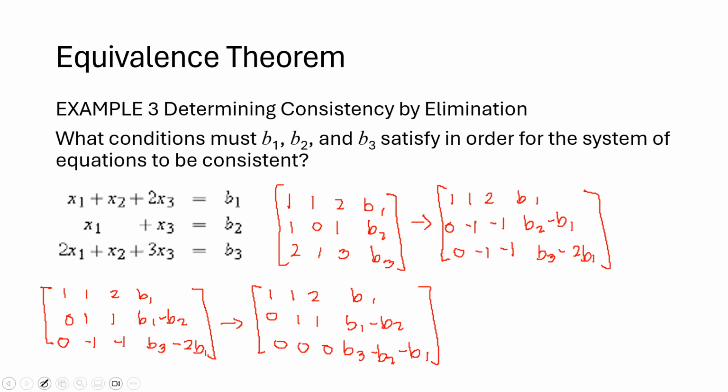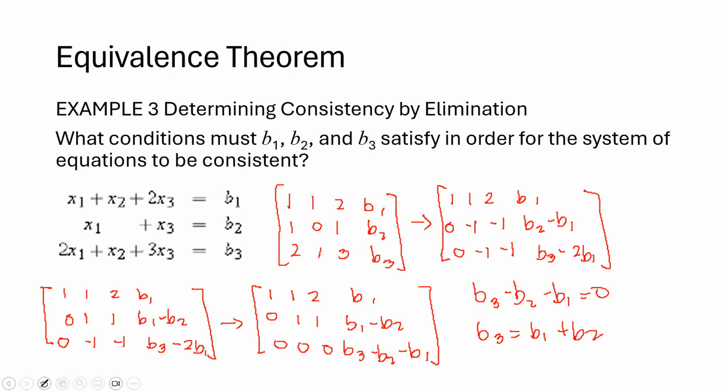It is now evident from the third row in the matrix that the system has a solution if and only if B sub 1, B sub 2, and B sub 3 satisfy the condition that B sub 3 minus B sub 2 minus B sub 1 equals 0. Or, B sub 3 is equal to B sub 1 plus B sub 2.